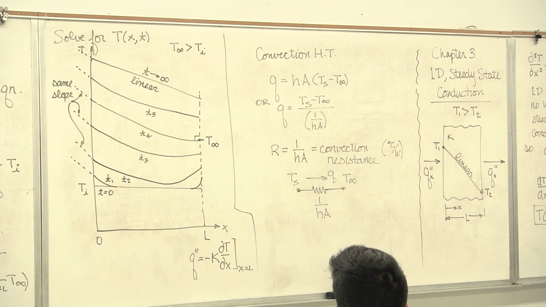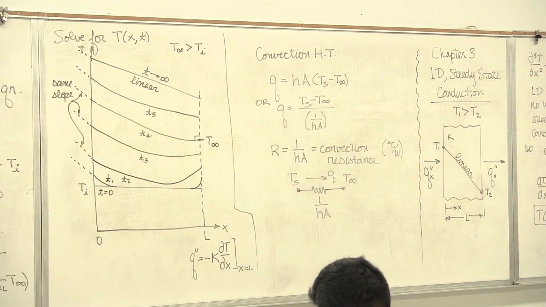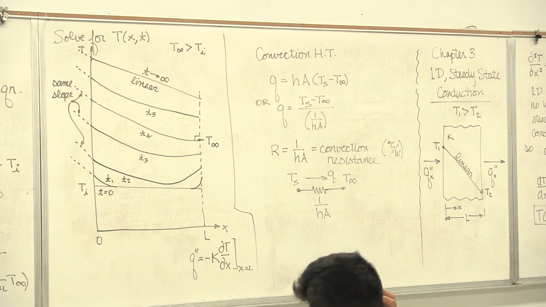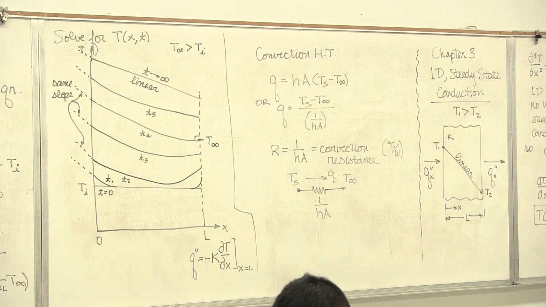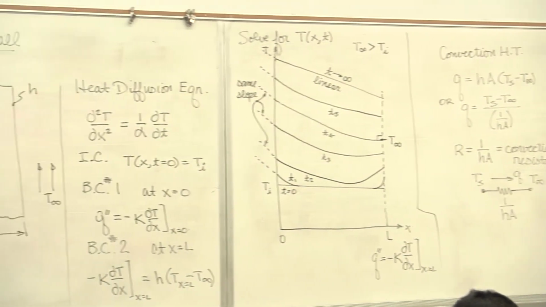Okay, now with those models, two resistors, we can look at what we would do if we put a composite wall in here. So step number one would be a composite wall. Let's see, I'm going to change my picture here.